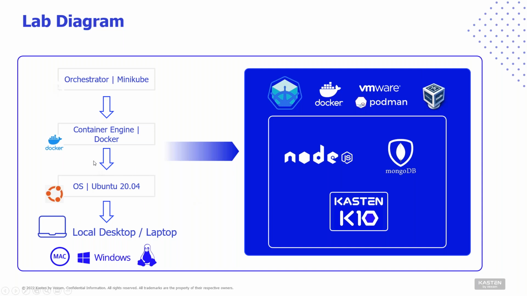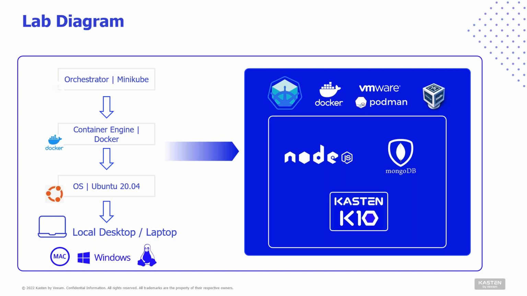I have already prepared Ubuntu 20.04 VMs on my VMware Workstation. I am going to set up the Docker container runtime engine, and after that, I will set up Minikube. It will take probably a few minutes.